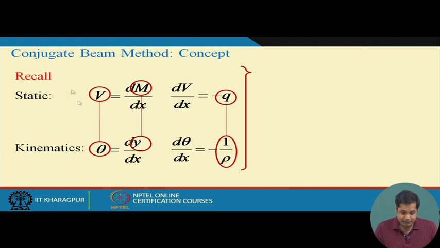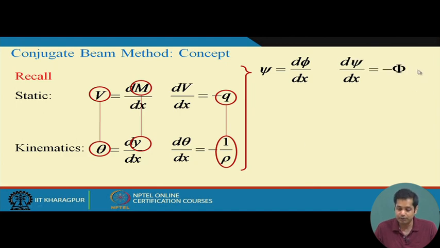Now, if we combine the static and kinematic equations, we can define a general equation with three variables, psi, phi and capital Phi: psi equals d phi/dx and d psi/dx equals minus phi.